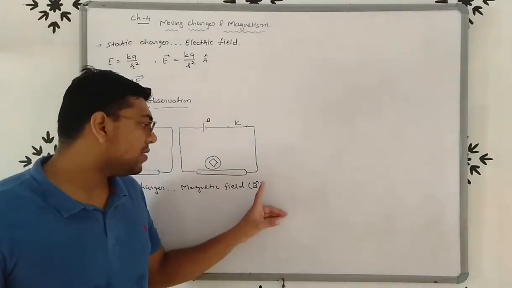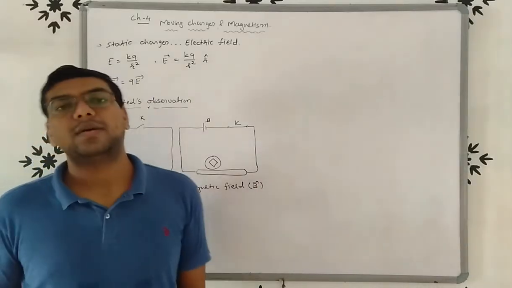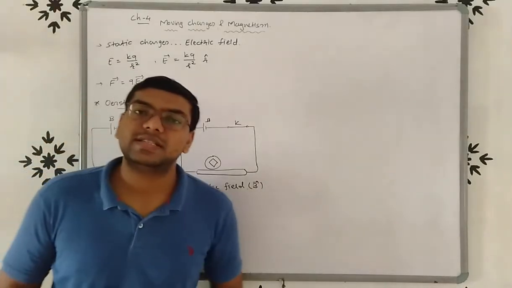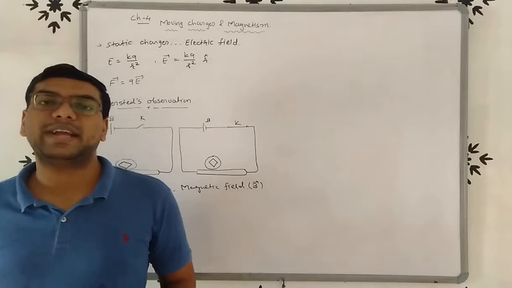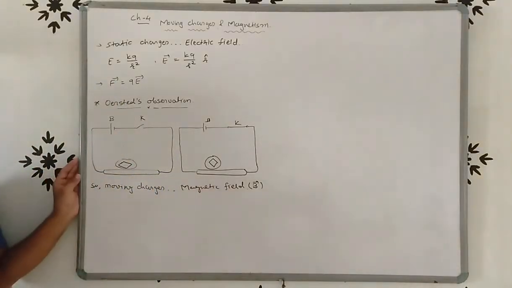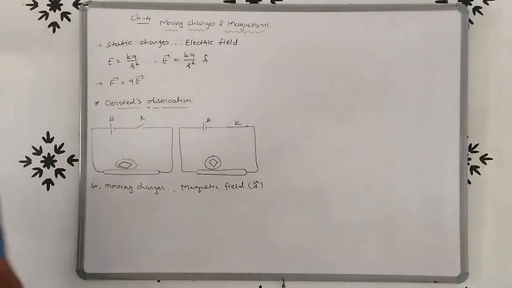So we denote magnetic field by vector B, right? So the symbol of magnetic field is B, and we know that the magnetic field is a vector quantity, right? So this is about the experiment of Oersted.